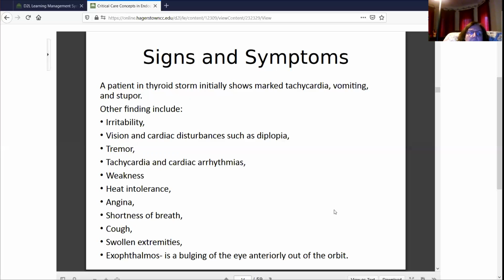They may be weak. They may show a sign for heat intolerance. They're always warm. They're always hot. So they don't want to be around any heat. Angina, shortness of breath, cough, swollen extremities, and exophthalmos, which is bulging of the eye anteriorly out of the orbit.